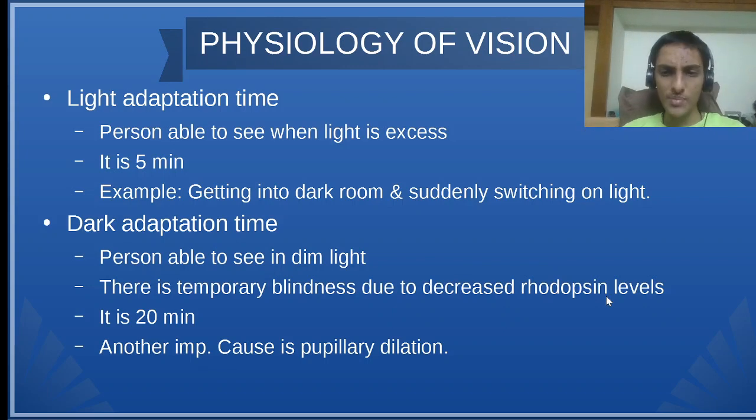We will see in the rhodopsin cycle regarding this, but understand that there is a temporary blindness because rhodopsin levels are low. This is 20 minutes, 4 times of it. So 5 fours are 20. You can remember like that. And the another cause is the pupillary dilation. So 2 causes: decreased rhodopsin levels and pupillary dilation.